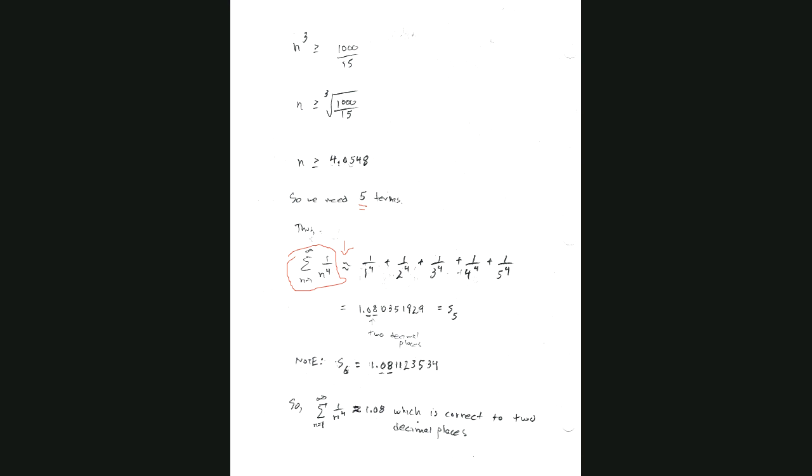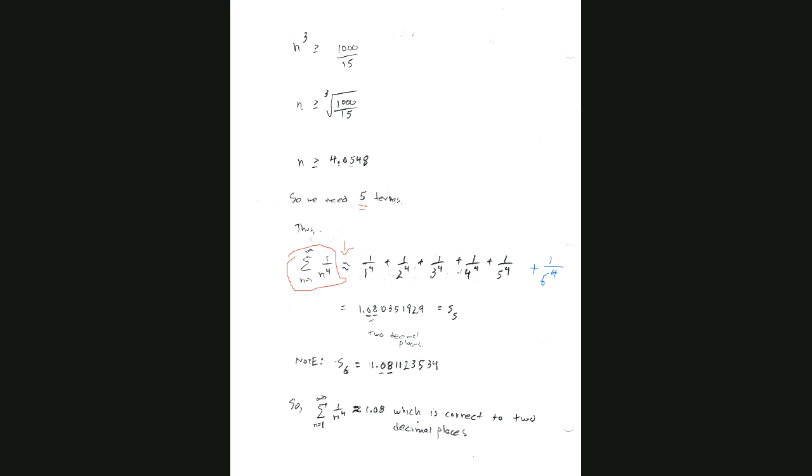And if you don't believe it, you can compute the 6th partial sum. The 6th partial sum would be where you add another term, the sum of the first 6 terms of the series, and you're going to get 1.081123534.